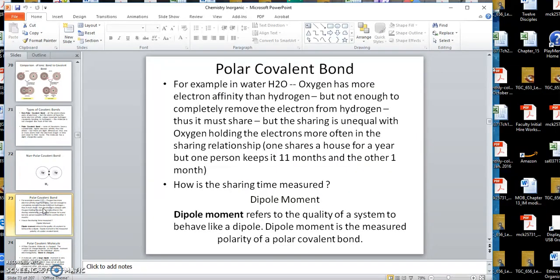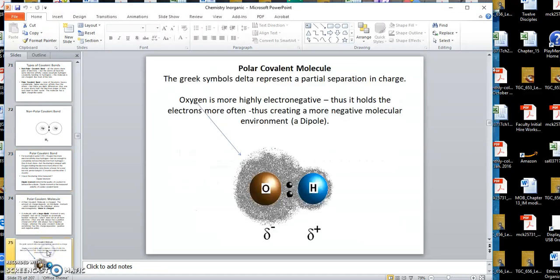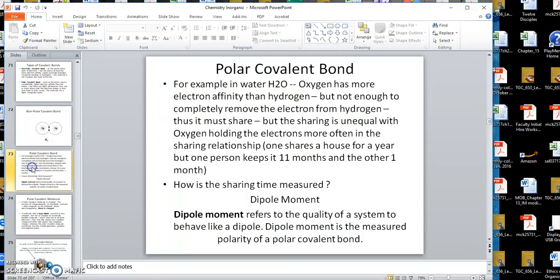Here, a polar covalent bond, which could be like water. Oxygen is more electronegative than the hydrogens. So in water, the oxygen will hold the electrons longer, thus giving a partial negative charge. So for example, in water, oxygen has more electron affinity, so it holds them longer.